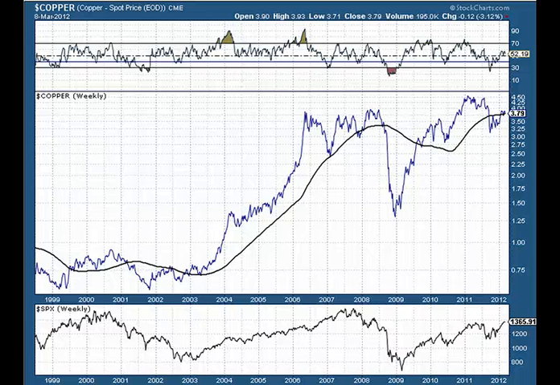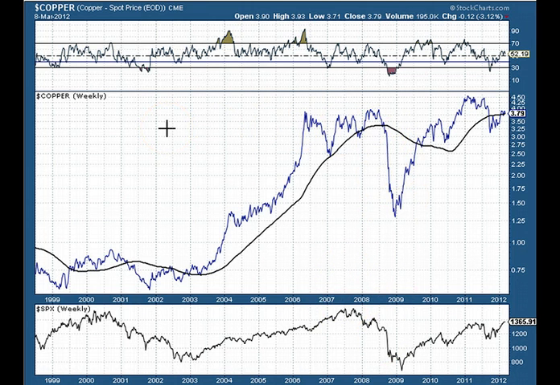The gold miners index has been trading underneath its 100-week average for several weeks now, the entire year in fact, and it's been bouncing around its 40 on the RSI. It's currently underneath 50 for most of this year too. So we need to really pay close attention to that to see what transpires.